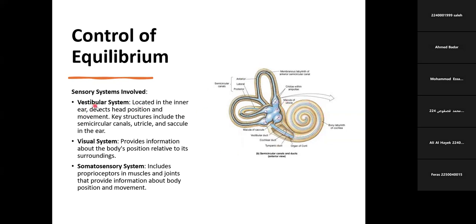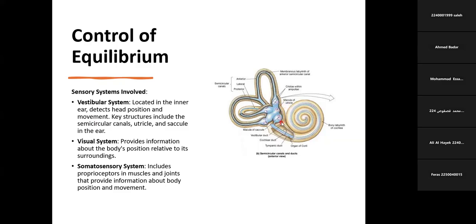But we discussed, this is called vestibular system. It is located in the inner ear. It detects head position and movement. And the key structures include semicircular canals, utricle, and saccule. This place where they come and meet, this is saccule, you see. And likewise, this is utricle.